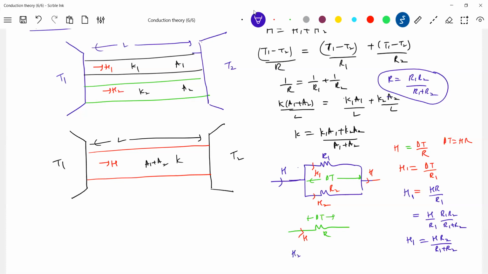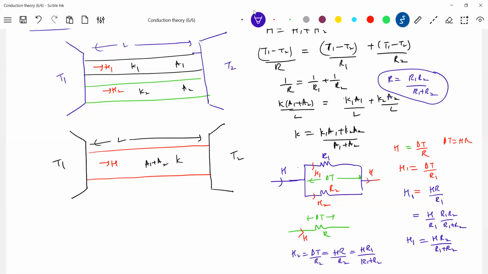Similarly, H2 we can write as delta T by R2, which is H R by R2. Solving this, H1 is the heat current in rod 1, and H2 is the heat current in the second rod of thermal resistance R2.